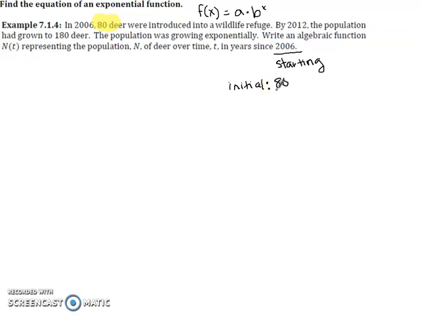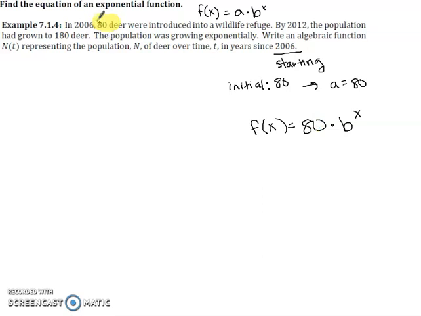Or, as we've talked about a few times now, that 80 is going to be my value of a. So far, I've gotten f of x is equal to 80 times b to the power of x, just by noticing that my 80 is my initial value and should replace a.